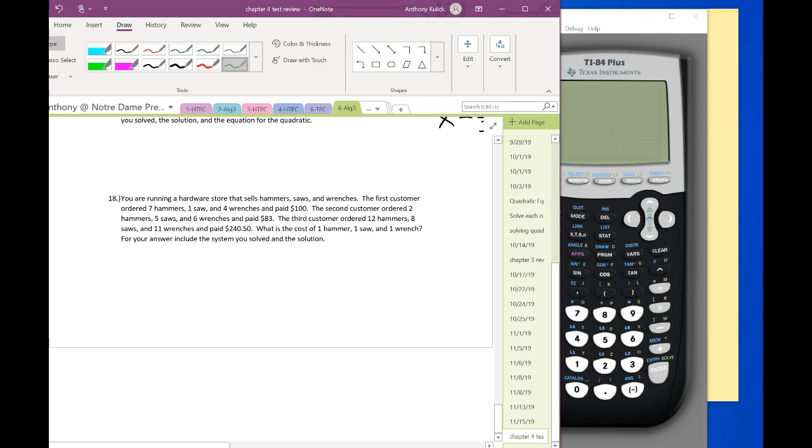Okay, so how many variables do we have here? 3. So I'm going to use H, actually let's do all capitals, H, S, and W for hammer, saws, and wrench. You good with that? What's one equation we can write? Yep.